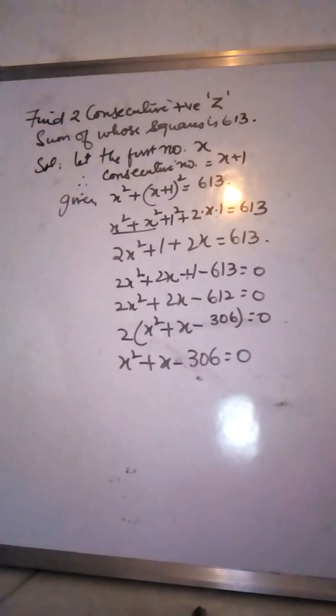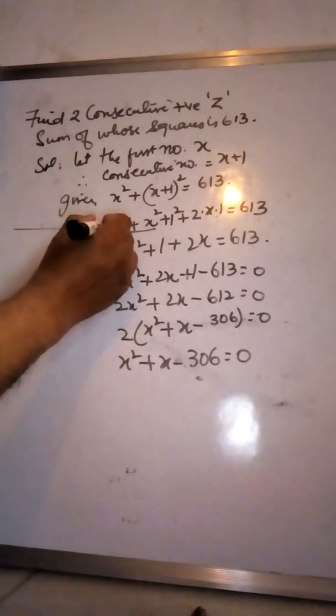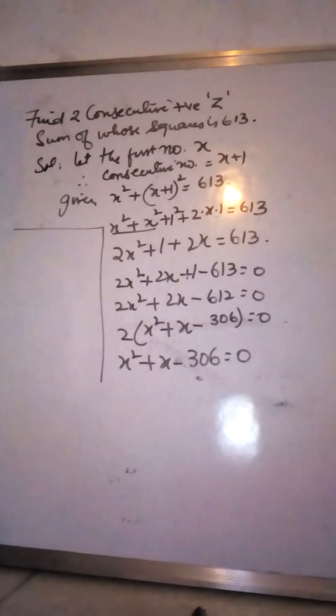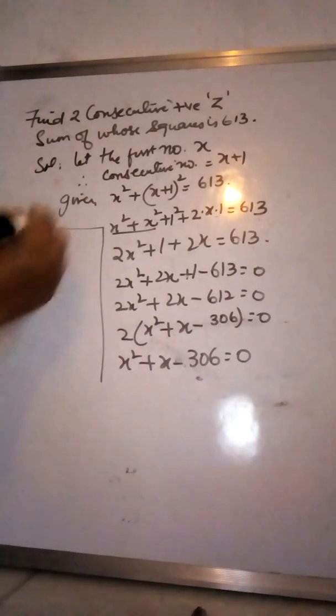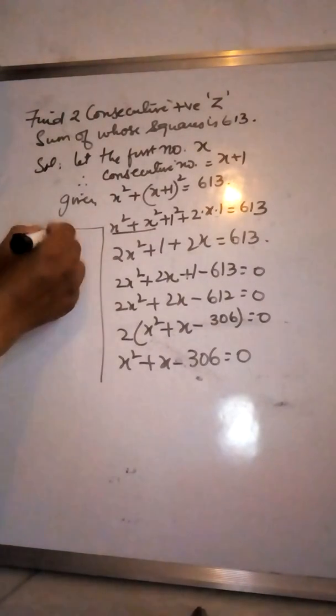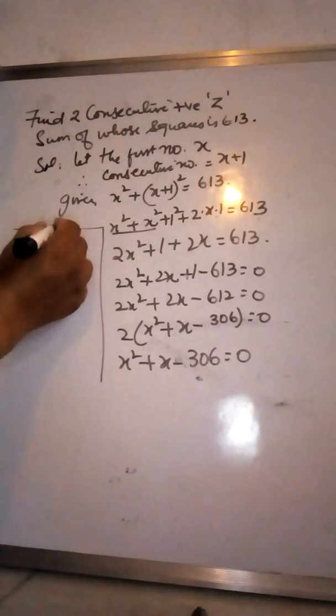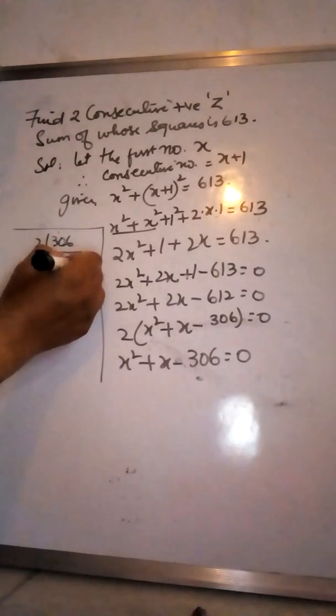Now we have to find the factors of 306 in such a way that when we add or subtract, we get the middle term x. So I'll take it this way: 306, 2 1s are 2, 1 balance, 2 5s are 10, 2 3s are 6, so 153.